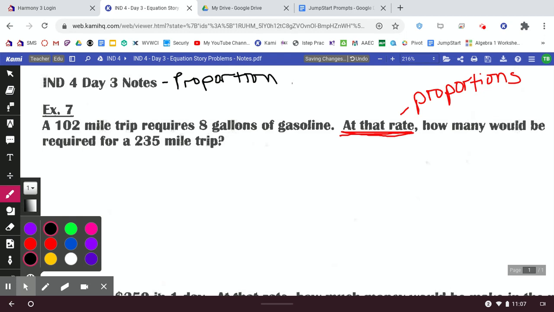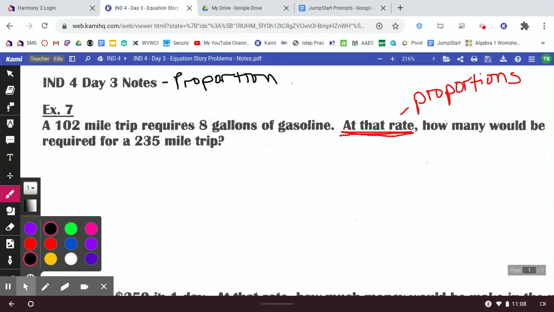And you're going to set proportions up a little differently than we've set up anything so far. And then also, if you read the whole blurb at once, a 102-mile trip requires 8 gallons of gasoline. At that rate, how many would be required for a 235-mile trip? Well, at that rate, could you possibly read that as at that same rate, right? Because they want to know if you have one rate and then at that same rate.